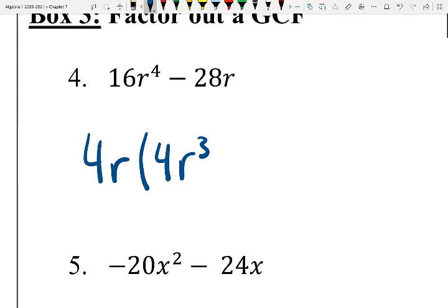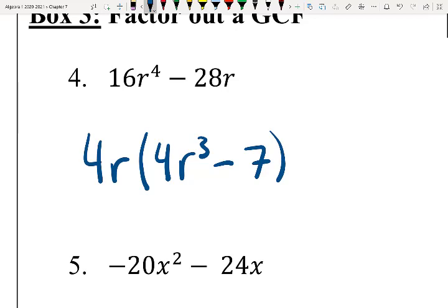I want to make sure this is still a subtraction, so I'm not going to change that. To get 4r times something to give me 28r, the r is already there, so I don't need to multiply by a variable. All I need is to change that 4 into a 28, so I need a 7.